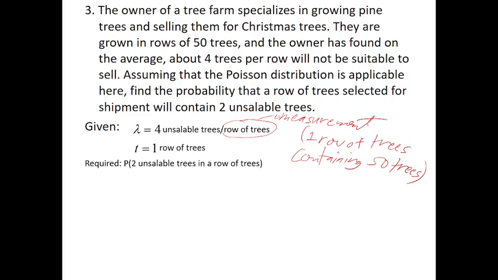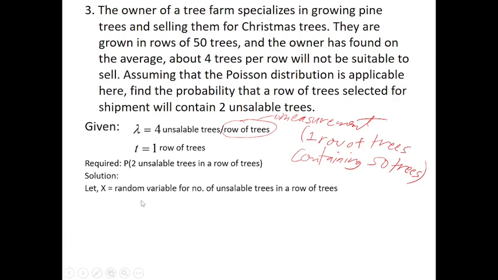Kung yung average na hindi nabebenta na trees dun sa row na trees na 50, okay, so 4 out of 50, yung 4 yun yung hindi nabebenta in average. Ano ngayon ang probability na dalawa ay hindi mabebenta dun sa row of trees na 50? Okay? So that is our concern.